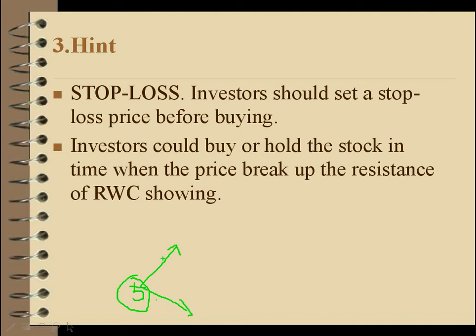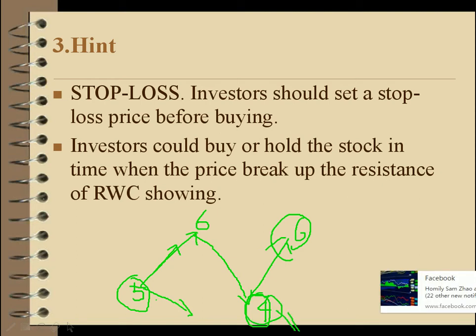Let's just imagine the price goes up to 6, and then the next trading day drops down, for example to 4 lingi. They dislike stop loss. Why? Because they think the price will rebound to 6 lingi again. This is their theory, but actually this is wrong. Maybe it drops down to 3 lingi. This is very, very horrible.